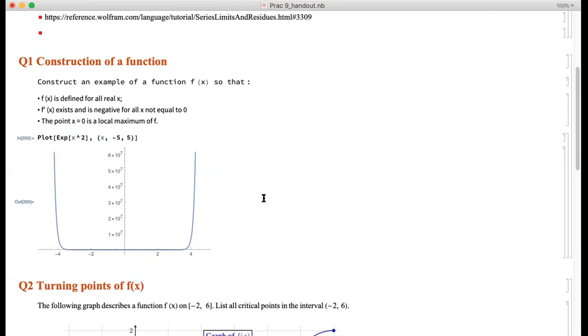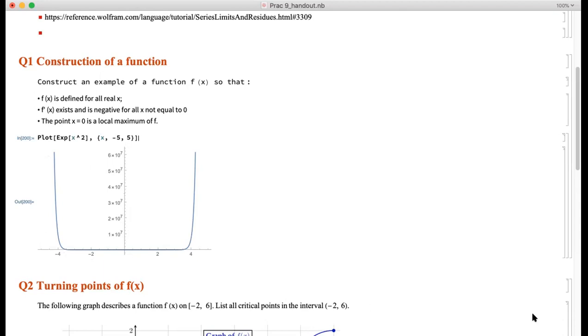Any other guesses? Okay, I can give a hint. Use a piecewise function. It's really like the function is decreasing on the left, and then the maximum is at 0, and again it's decreasing.